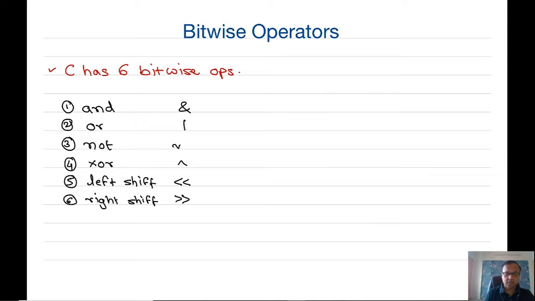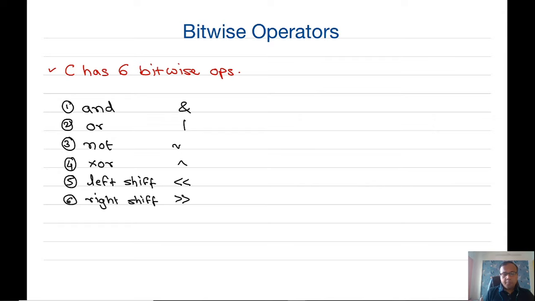The first one is bitwise AND, then bitwise OR, bitwise NOT, bitwise XOR, bitwise left shift, and bitwise right shift. So we have a total of six operators. We will definitely discuss what these six operators are and how they work in a step-by-step manner.